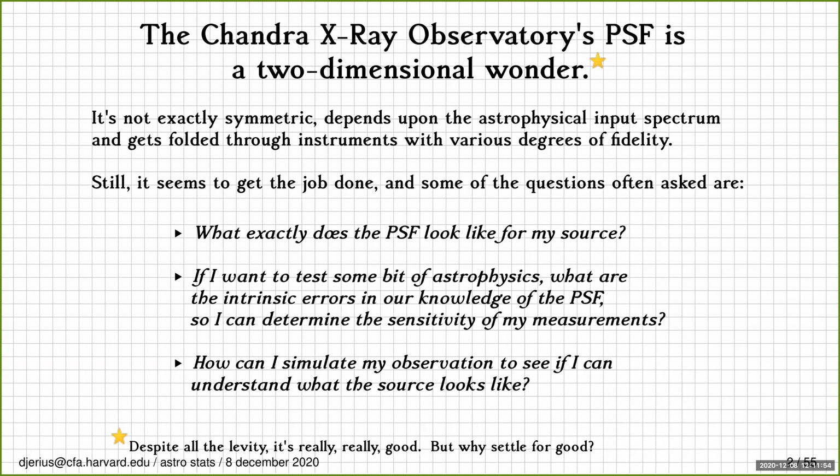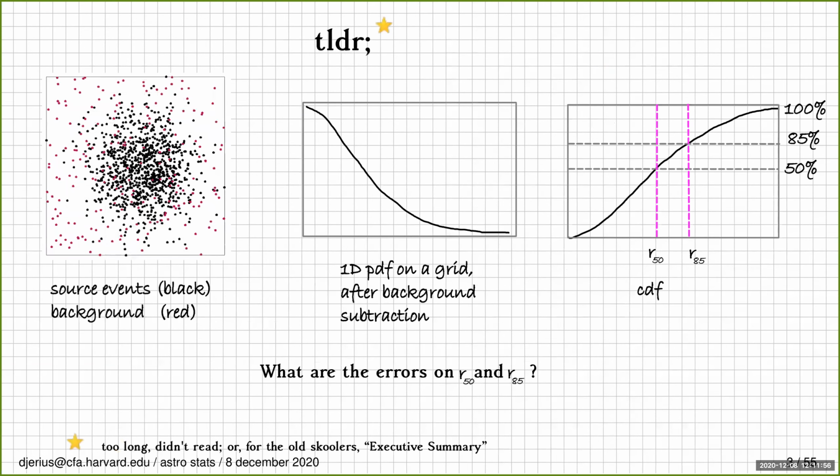And so let's move on. So this is actually, for those statisticians in the cloud who want to ignore the next 25 minutes, this is the fundamental thing we're looking at. We take a bunch of source events, which you see in the black. We have a bunch of background events. We ignore all the two-dimensional structure. We turn it into a one-dimensional PDF with some sort of background subtraction.